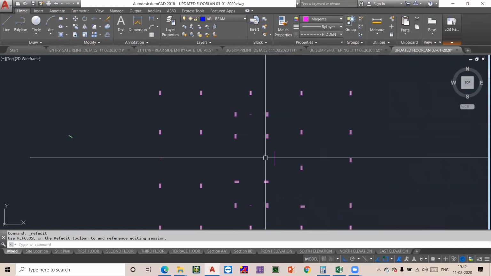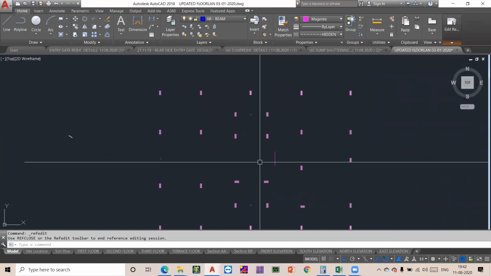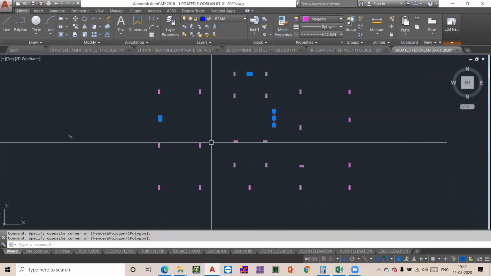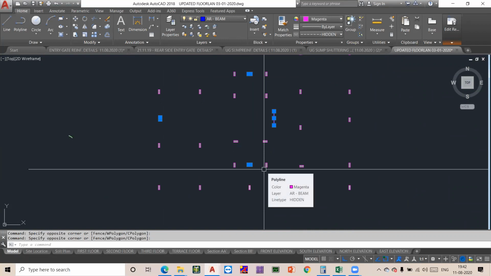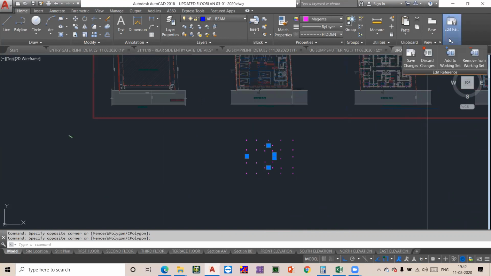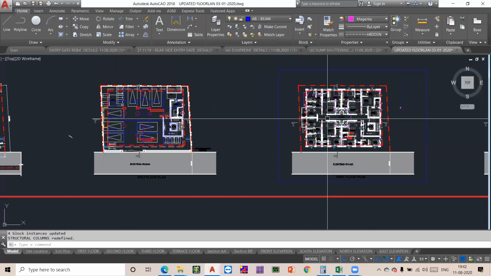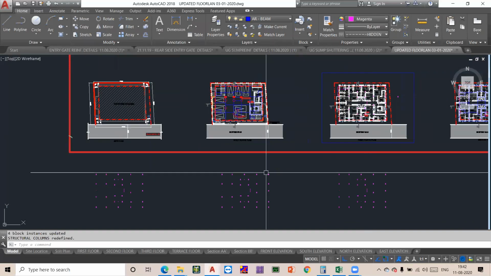In the course of working, there may be chances of adding unwanted objects like these, which we have drawn and forgot to delete. We cannot identify their presence in this clumsiness.